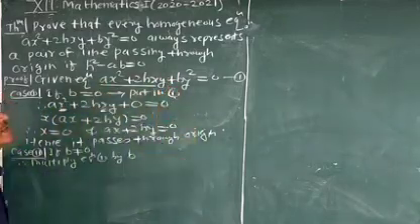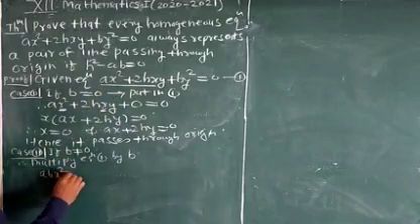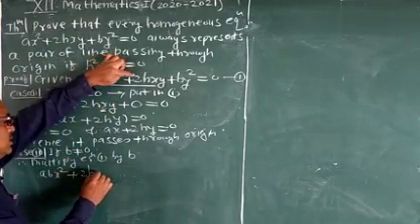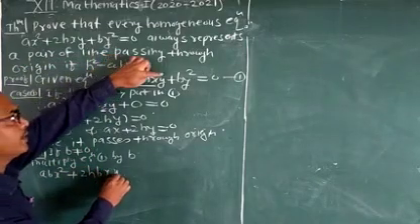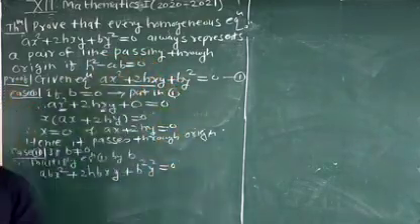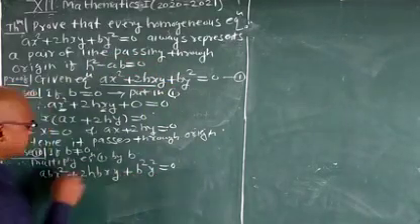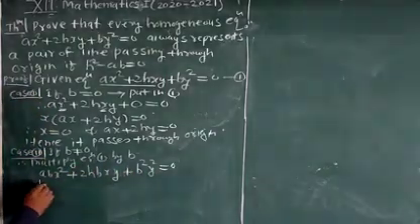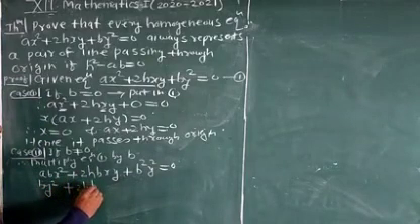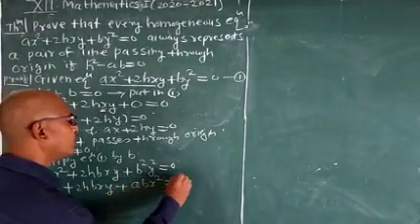Here is equation 1: a into x square multiplied by b, abx square, plus 2hbxy plus b square y square is equal to 0. For simplicity, we can write the last term first: b square y square plus 2hbxy plus abx square equal to 0.